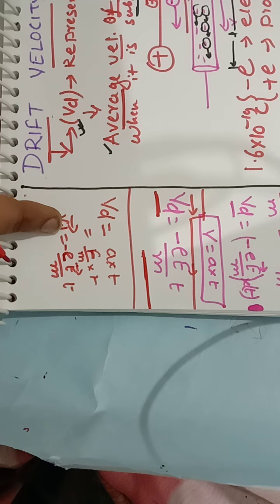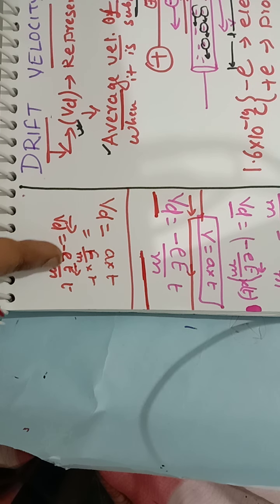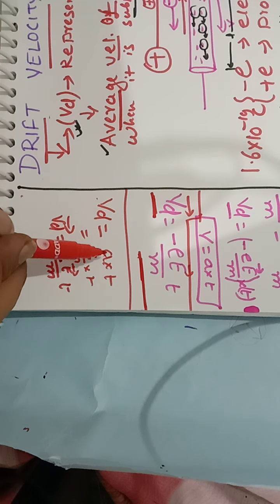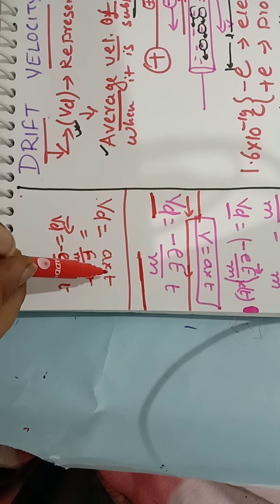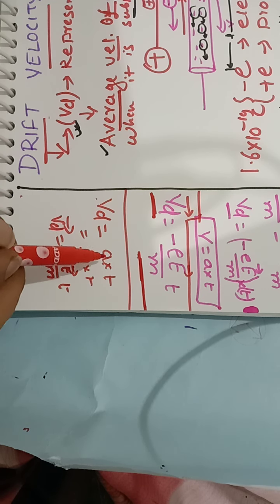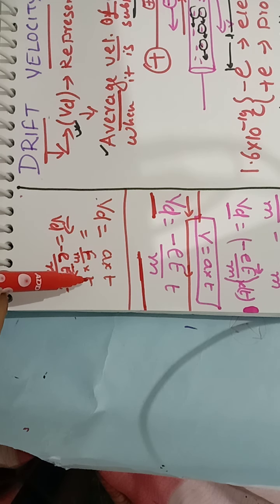Vd is A into T, right? A is force by mass, into T, and force on a charged particle is charge on that particle into electric field. Charge on that electron is e, so Vd equals e E by m into t.